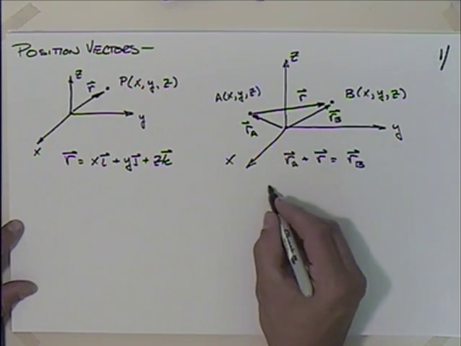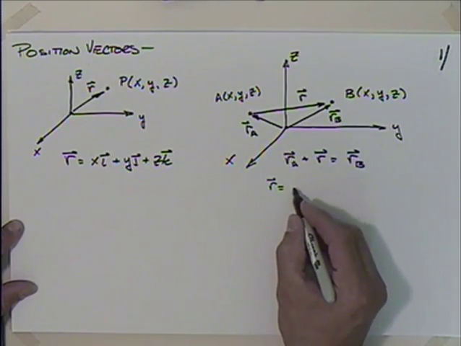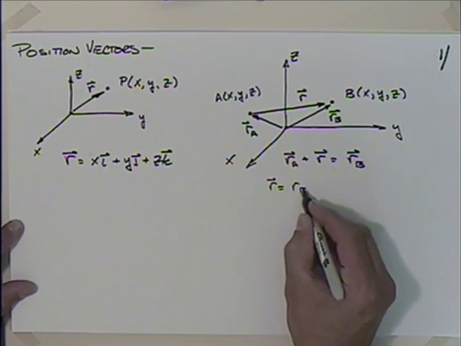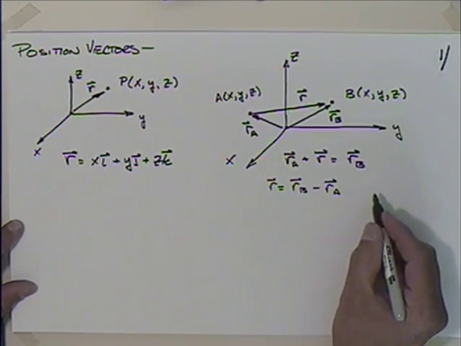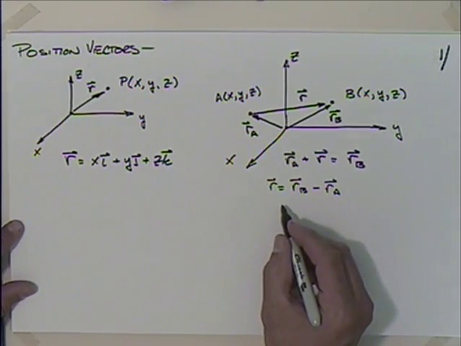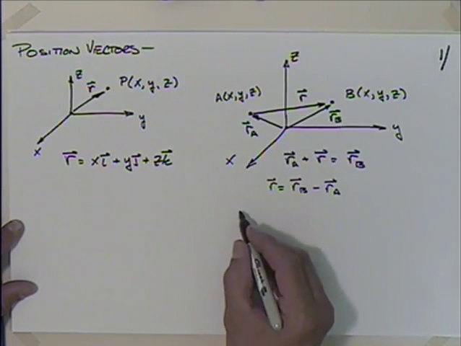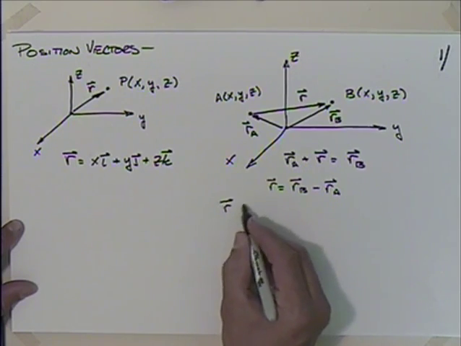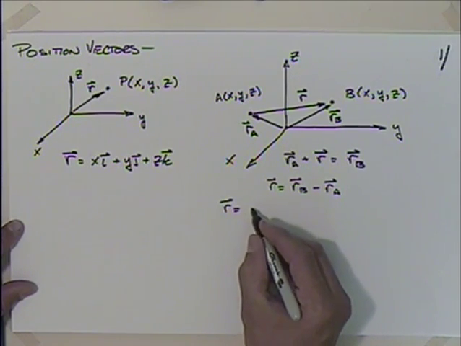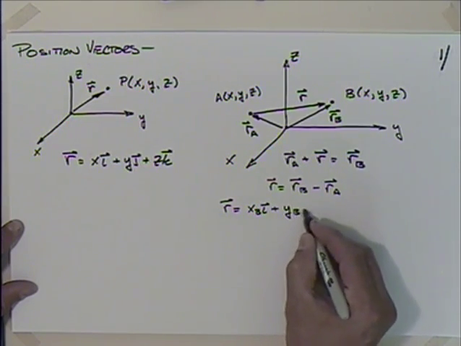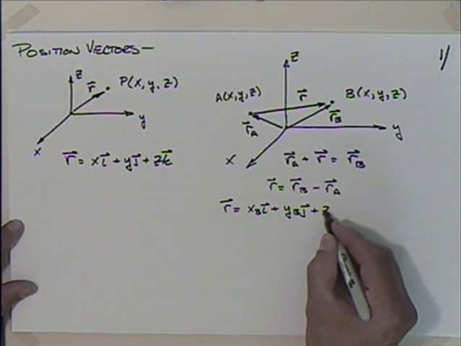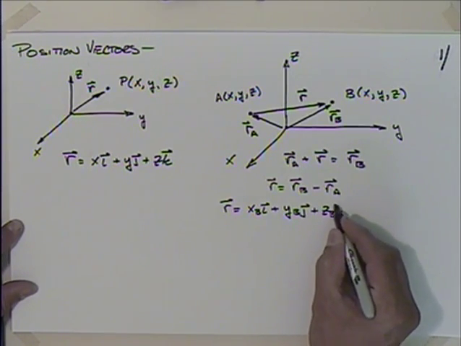So I could rearrange this and say then that r, the vector r, is equal to r sub b minus r sub a. And if I make the substitution for what r sub b and r sub a are, I could say then that r was equal to, let's say, x sub b in the i direction plus y sub b in the j direction plus z sub b in the k direction.